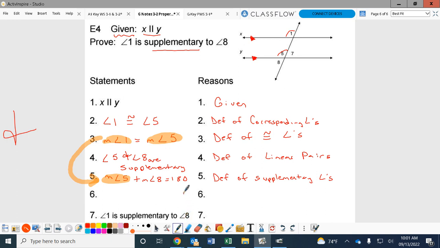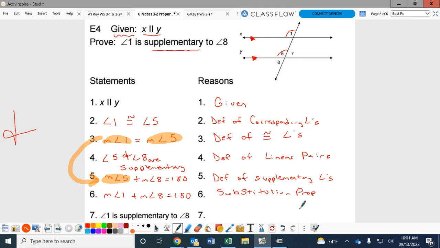Good. Instead of writing angle 5, I'm going to replace it with the measure of angle 1. It's going to say the measure of angle 1 plus the measure of angle 8 equals 180. I just substituted, so it's the substitution property.